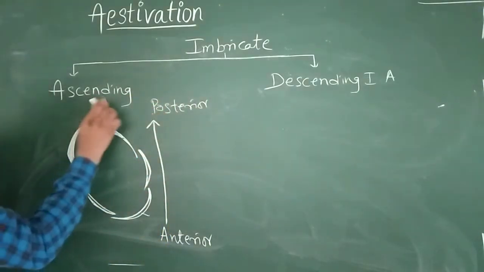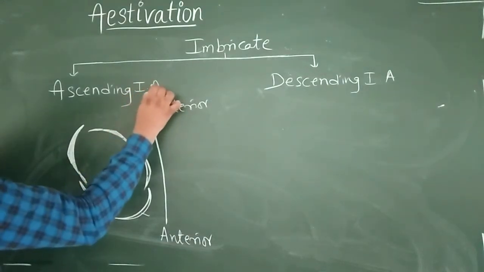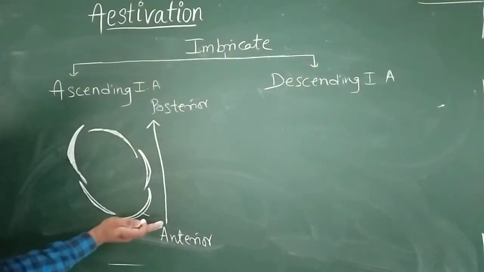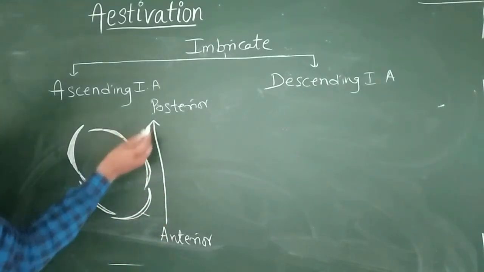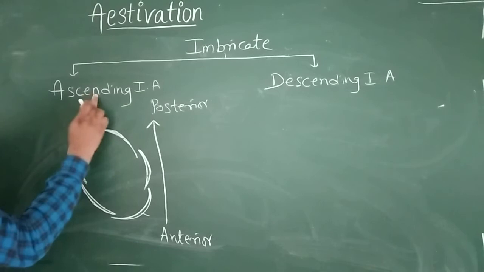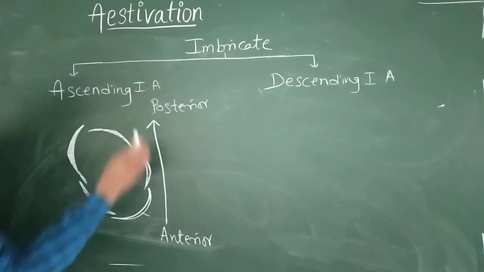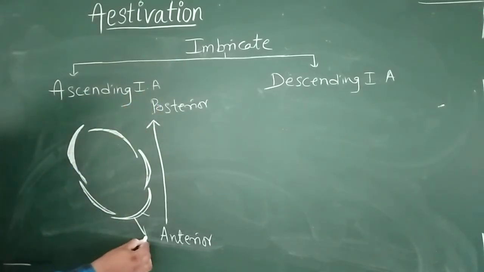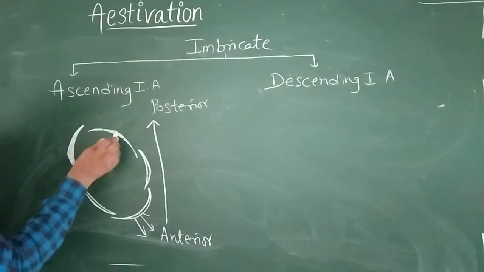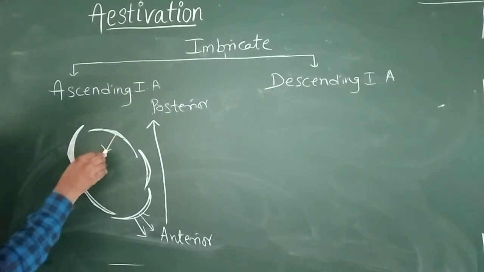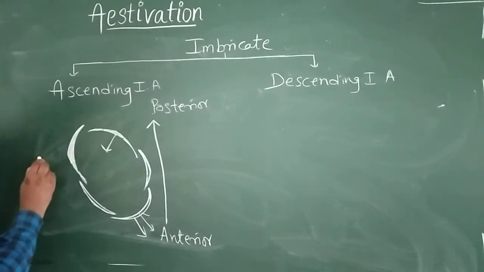So in this ascending imbricate estivation, one petal is completely outside, and this petal is completely inside.